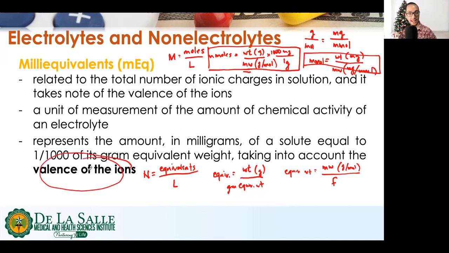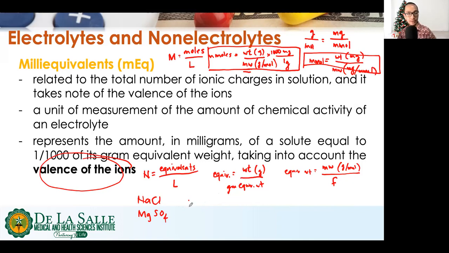So, for example, in sodium chloride, the valence of both ions is 1. So the factor is 1. Now, for magnesium sulfate, the valence of magnesium is 2, the valence of sulfate is also 2. So the factor is 2. And that's where we derive the factor.